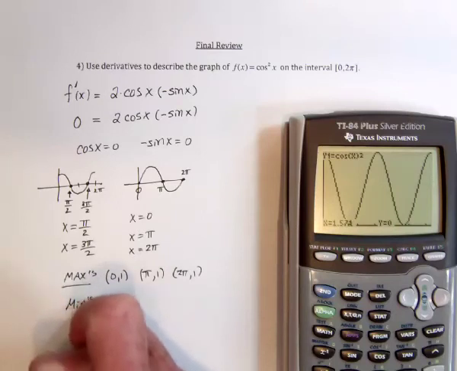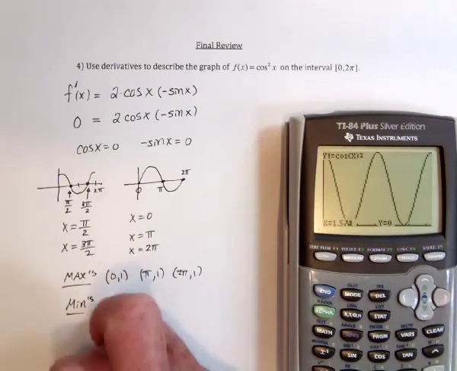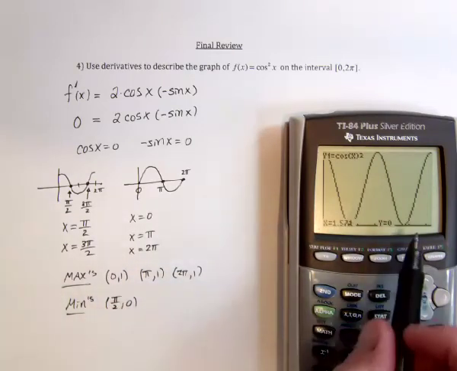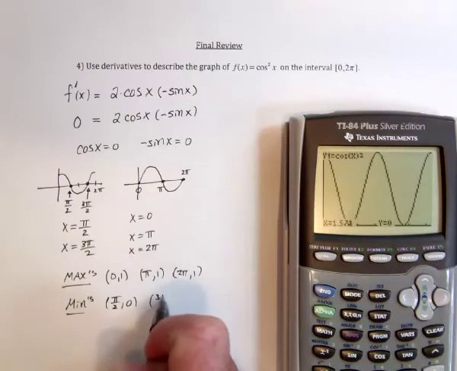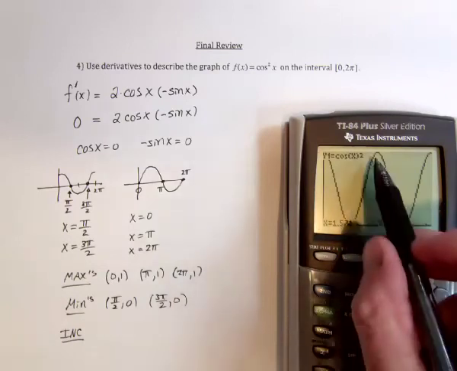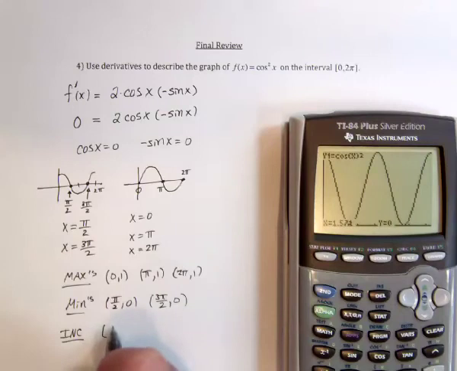The relative minimums are going to be down here and down here. So this was pi over 2, 0. And then this is 3 pi over 2. And then where is it increasing? So that would be from here to here. So that's from pi over 2 to pi.